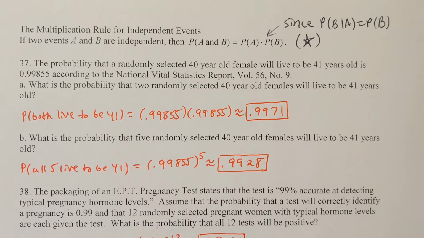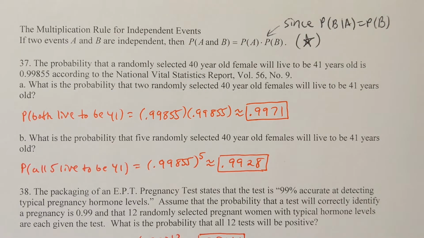If the keyword is "or" or "not," that's not going to be a multiplication rule situation. So we're going to select two randomly selected 40-year-old females. What's the probability that they both live to be 41 years old?